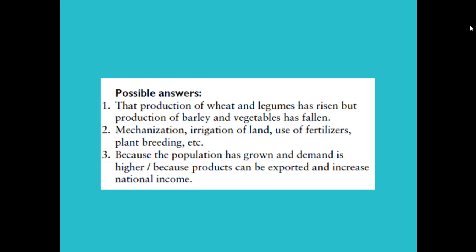Because the population has grown, this is number 1, and demand is higher. The demand is higher, and because products can be exported, and finally they increase the national income.